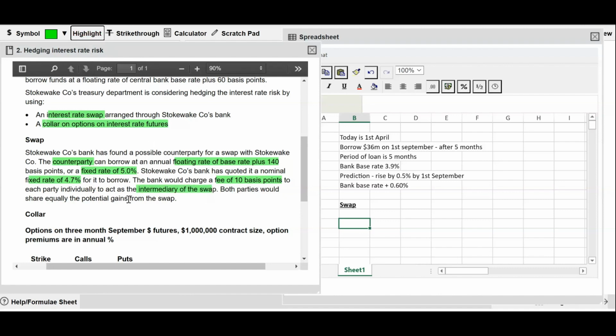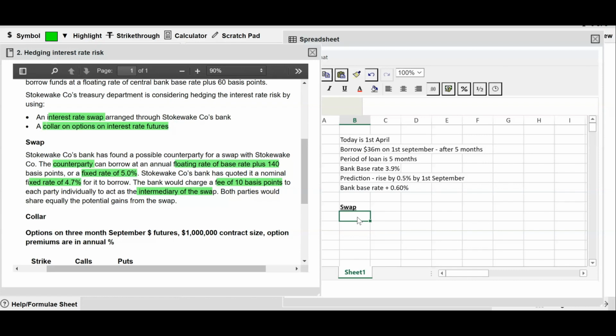Now let us compute the gain from the swap, if any. Assessing potential gain from swap. We've got two parties, so let's note the particulars. What are the two parties?